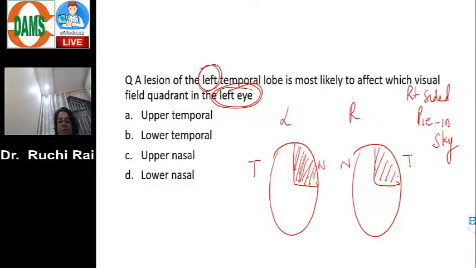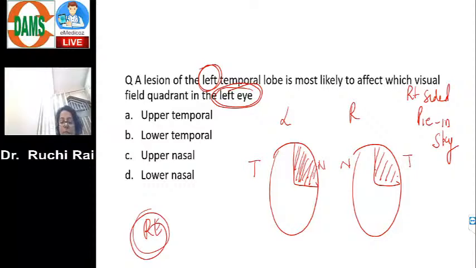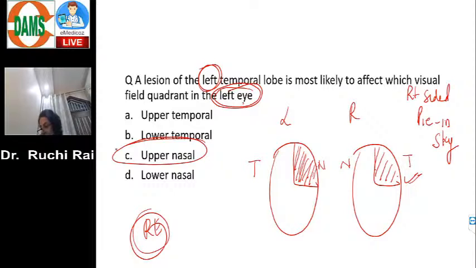If this question was about the right eye, then our answer would have been upper temporal. It is asking about the left eye, so our answer is upper nasal. Is it clear to every one of you? It should be. Anybody has any doubt, you can ask. Each and every one of you is equally precious to me. Just let me know if there is any doubt, we can repeat it. No problem at all.